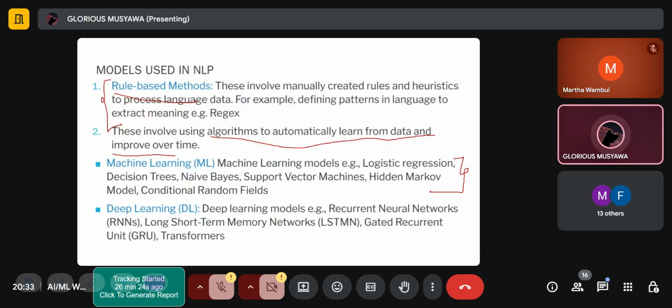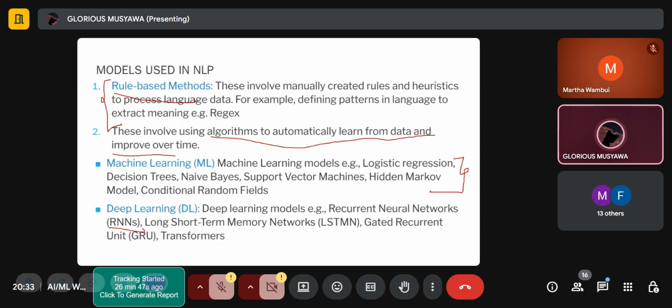So, deep learning models. We talked about recurrent neural networks. We say that they are mostly used for sequential data that is dependent on time, for example, videos, and also sequential data such as text, because the first word will be connected to the last word in a text.